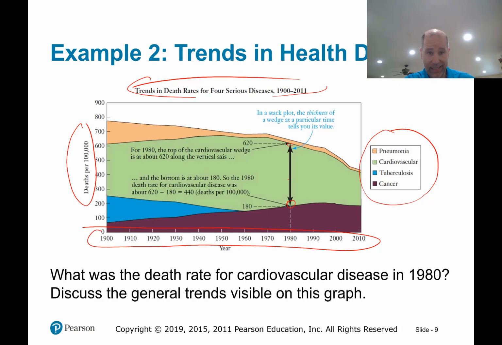For 1980, the top of the cardiovascular wedge is about 620, while the bottom is 180. You'd subtract those two, and you would get a death rate of approximately 440 deaths per 100,000. That's how you would calculate the different death rates on a graph like this, where the areas are stacked on top of each other.